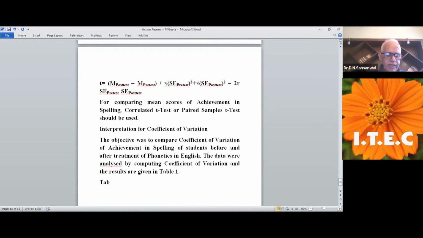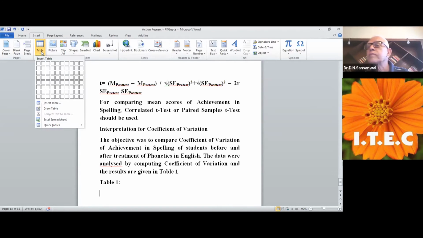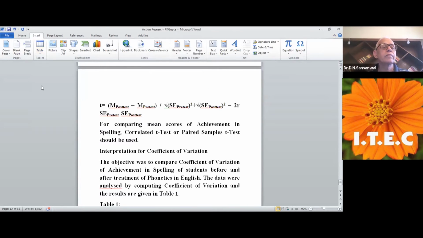Now here I say table 1. And here I am inserting the table.